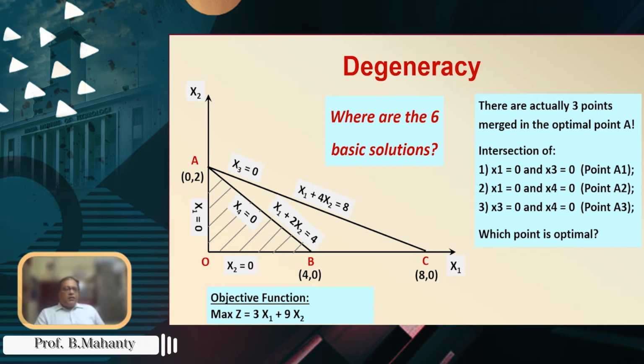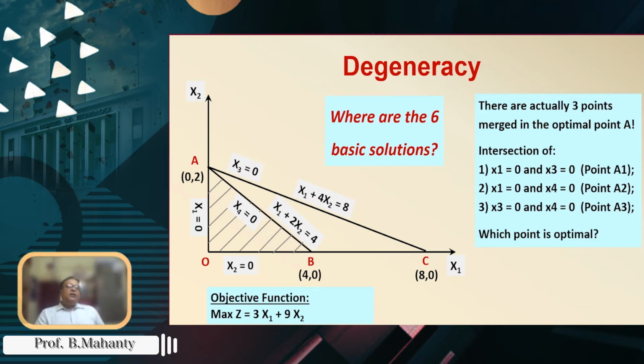So what will happen? You can actually go from one solution to the other and to the next without any improvement in the objective function, because essentially you are at the same point. As long as the values are the same, because the point is the same, the objective function value also would be the same. So what is happening?